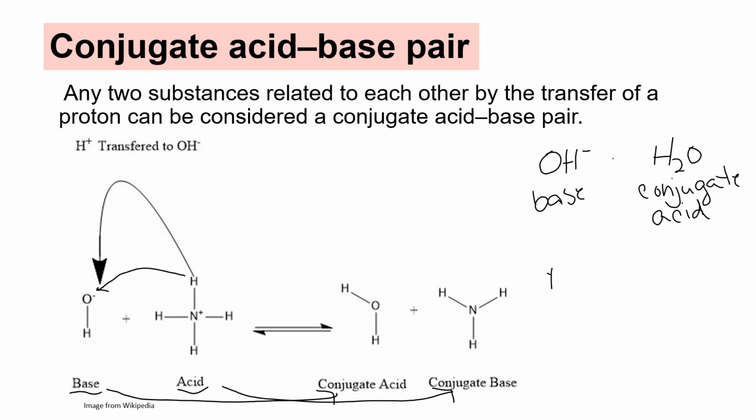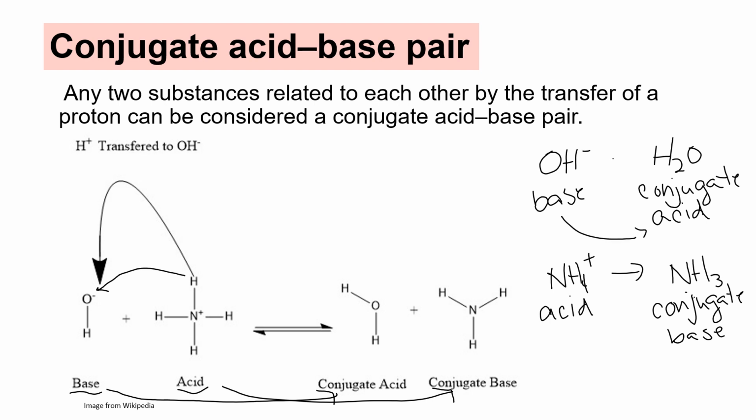The other piece we have is the NH4 plus is our acid, and it becomes NH3, and that is the conjugate base. So basically, you take the base, you add a hydrogen to make it the conjugate acid. You take the acid, you remove a hydrogen. So this one, you add the H+. This one, you remove H+.